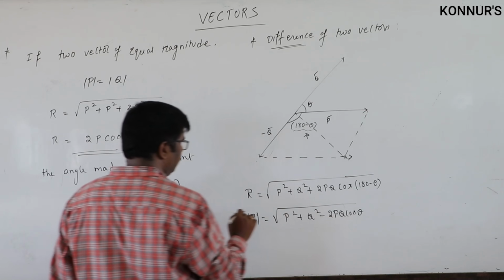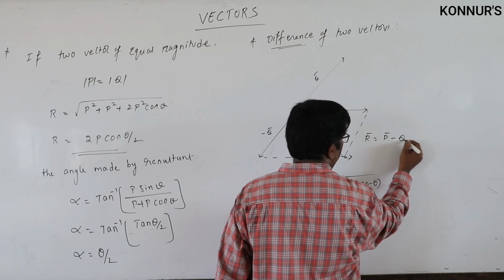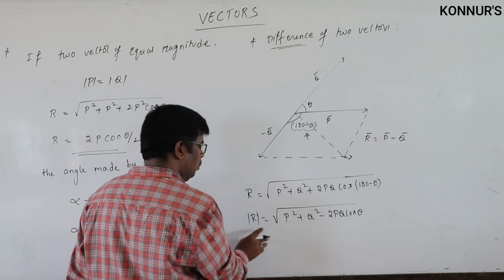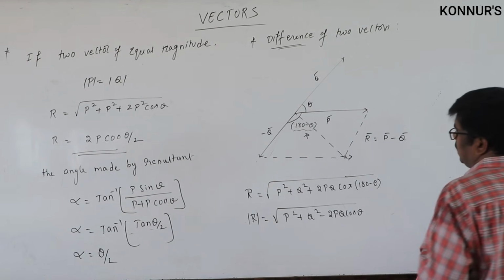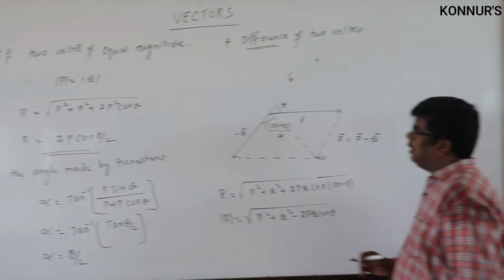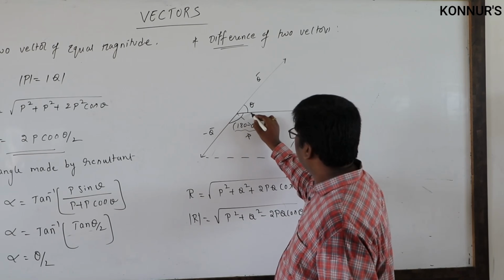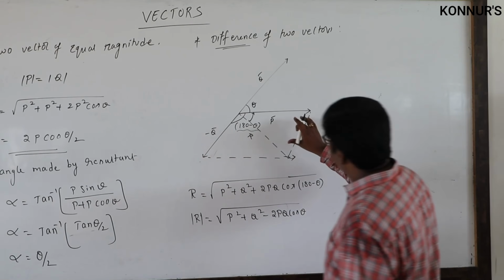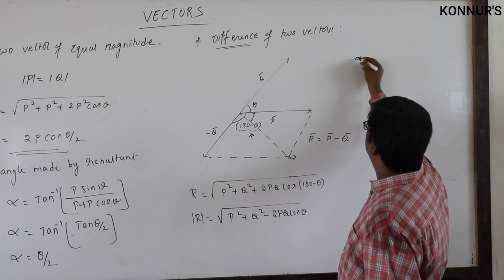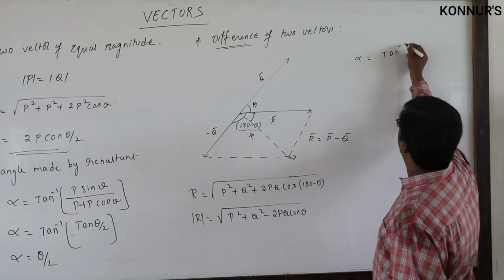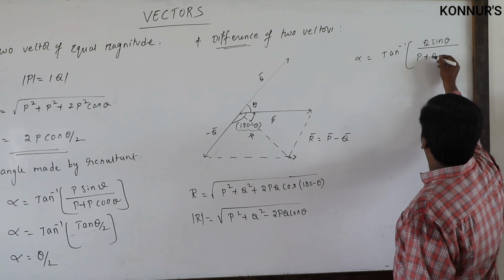Here r bar equals p bar minus q bar, and this is the magnitude of p bar minus q bar. Next, what is the angle made by the resultant? We have the general formula for the angle made by the vector with the x axis: alpha equals tan inverse of q sin theta by p plus q cos theta.